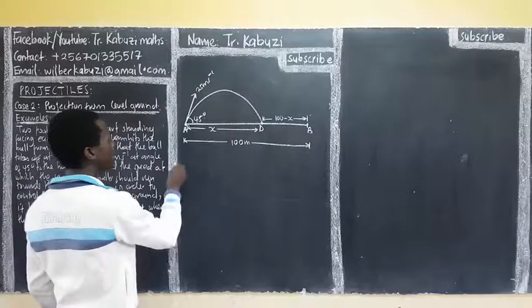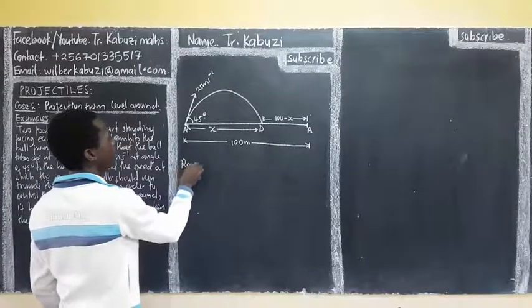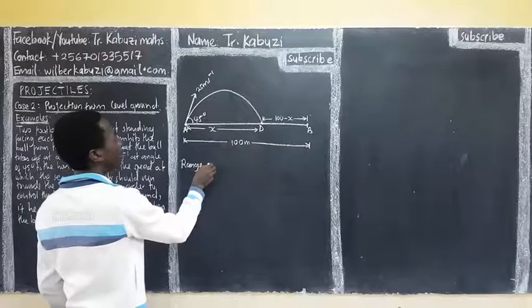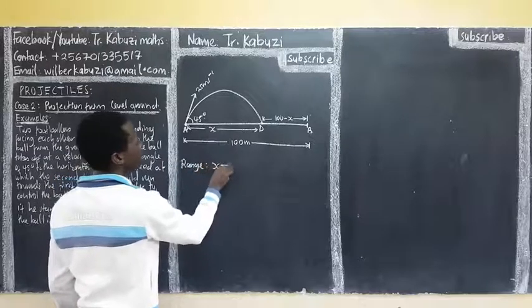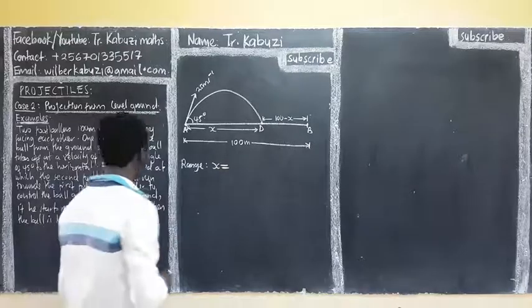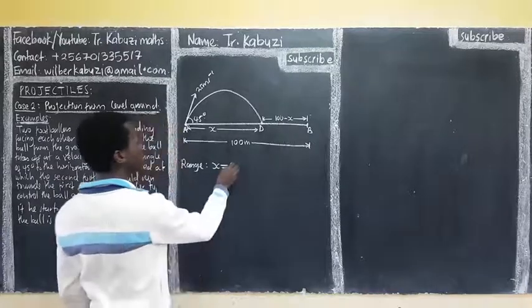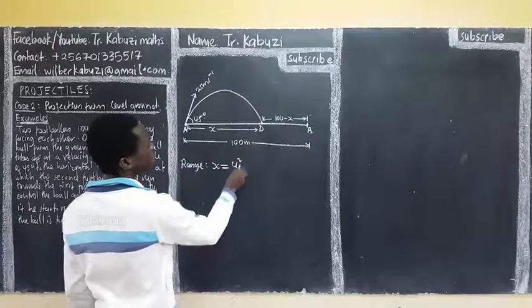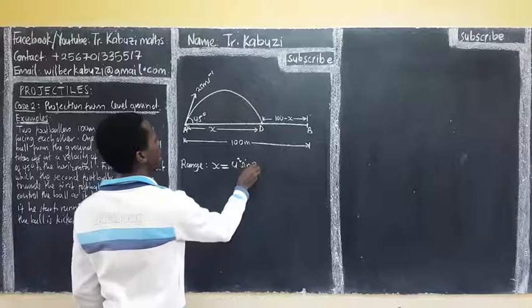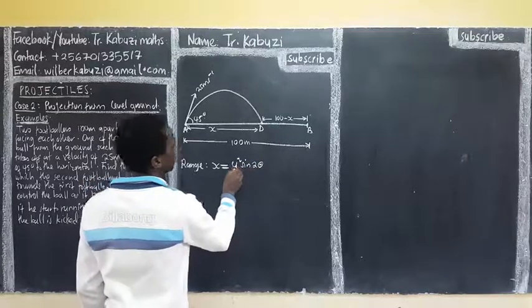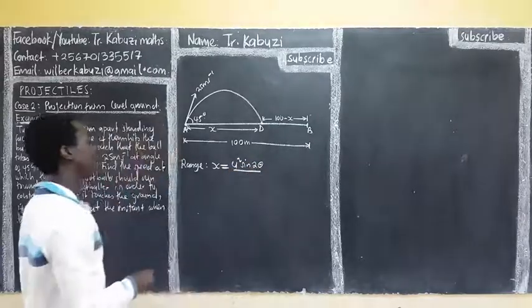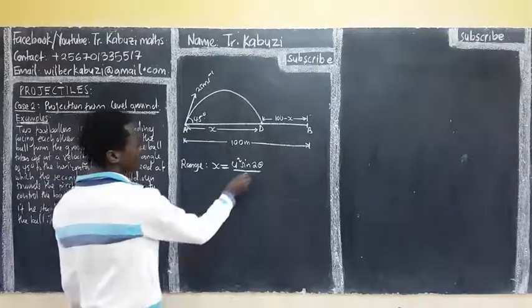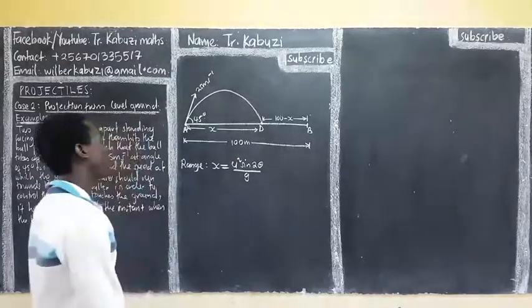Let me start with the distance. Our range, which is our x, is given by what? Remember our range was u squared sine 2 theta, the whole over g.